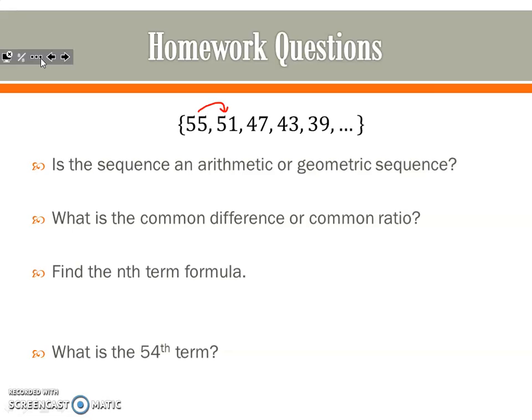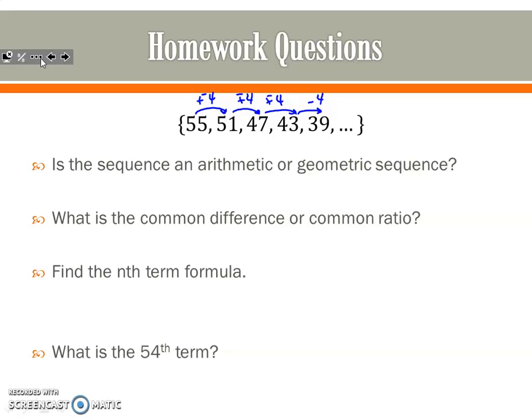I am subtracting here. I'll do that in a different color so we can see that better. I am subtracting 4, subtracting 4, subtracting 4, subtracting 4. But Mr. Schieber, you said that it couldn't be subtraction, and you are right, because subtraction is really adding a negative.